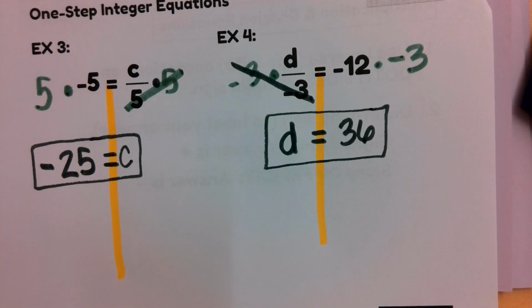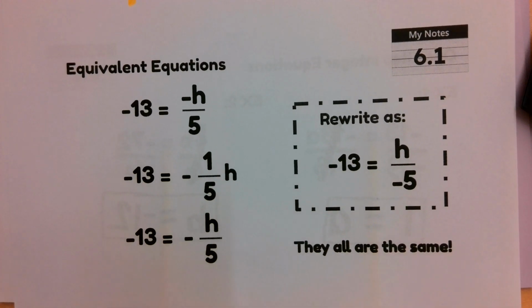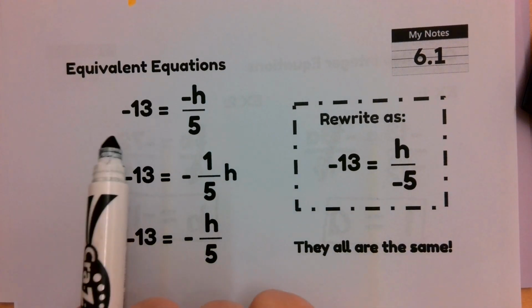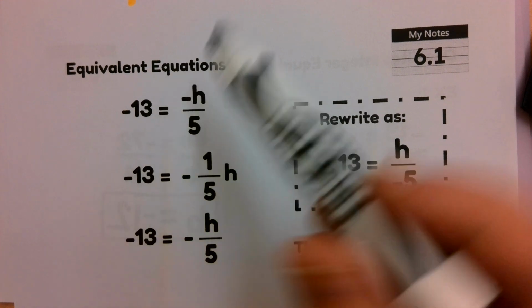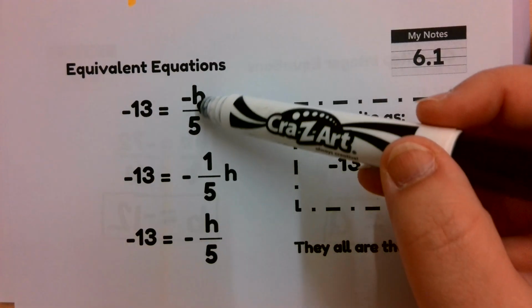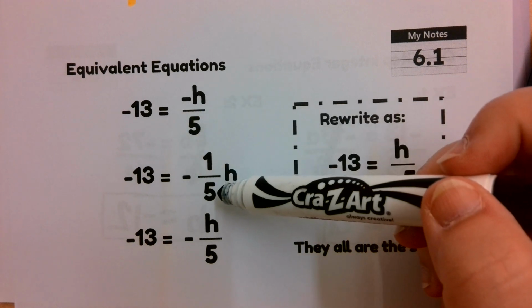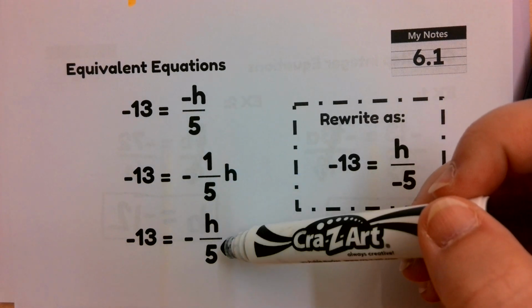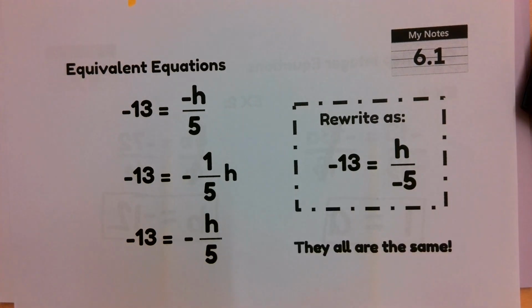All right, last little bit of notes. Make sure that when you have the negative sign, negative h divided by 5 is the same as negative 1/5 times h, which is the same as the negative being in front of the fraction h divided by 5.